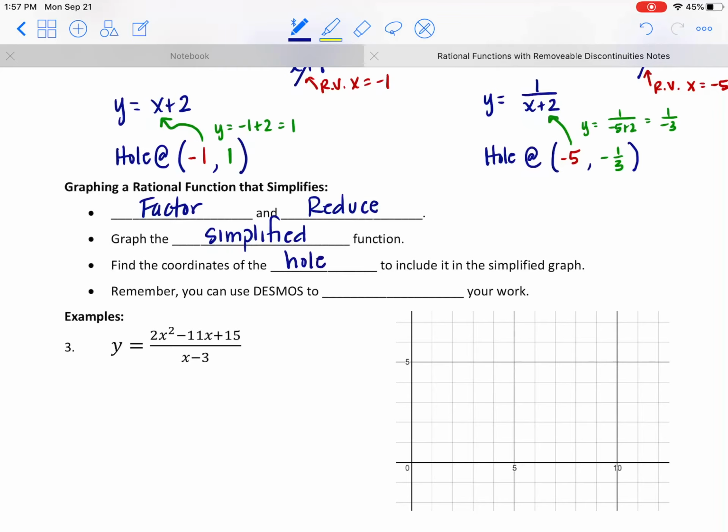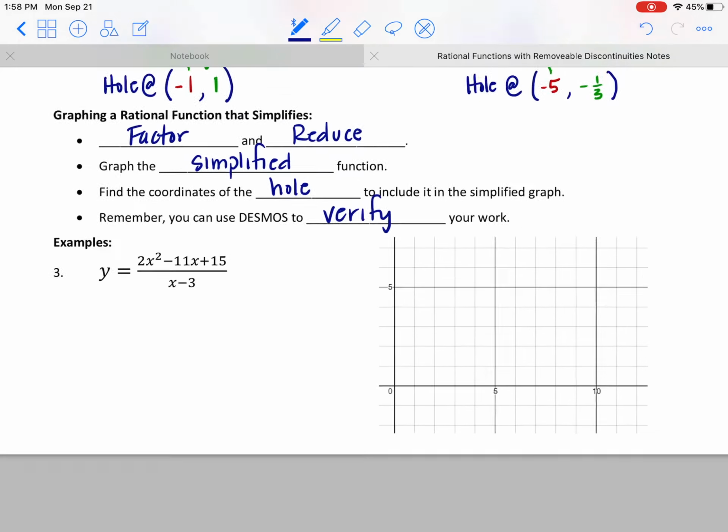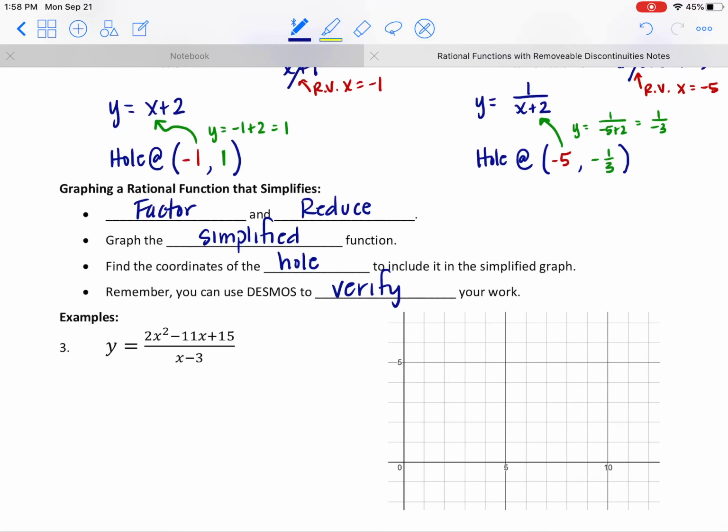So we want to find the coordinates for the hole and include that in our simplified graph. And then we're going to put everything in Desmos just to confirm, and also because that's what you're going to be submitting in your practice assignments. You can use Desmos to verify your work and then upload screenshots to Canvas for your practice.